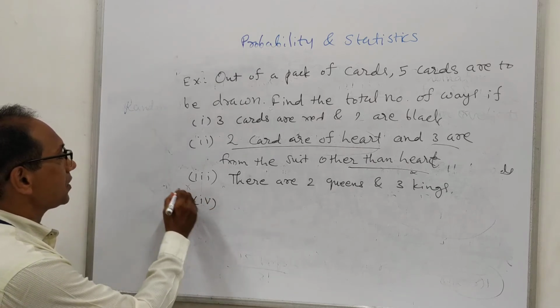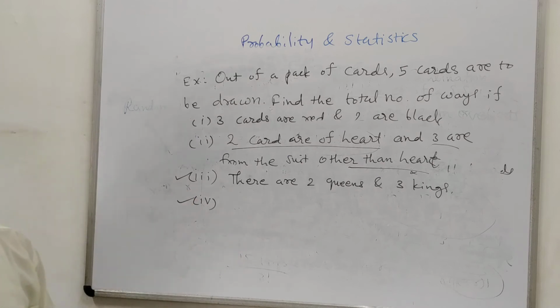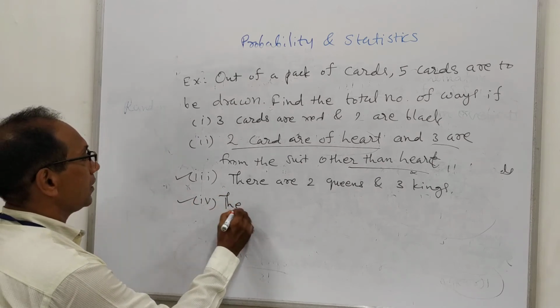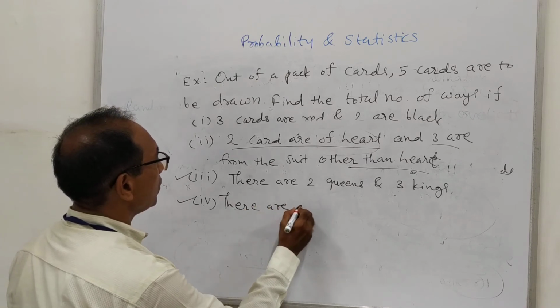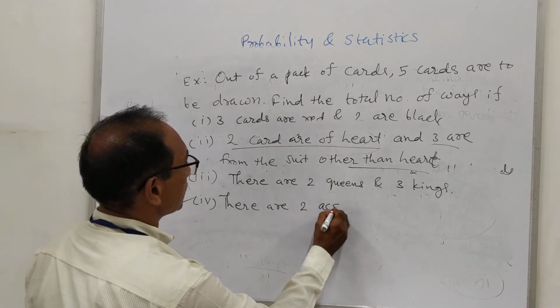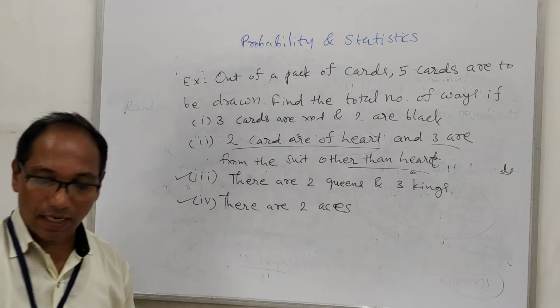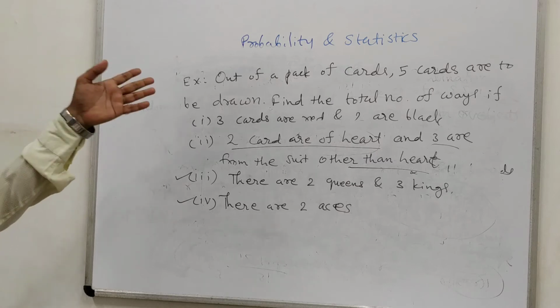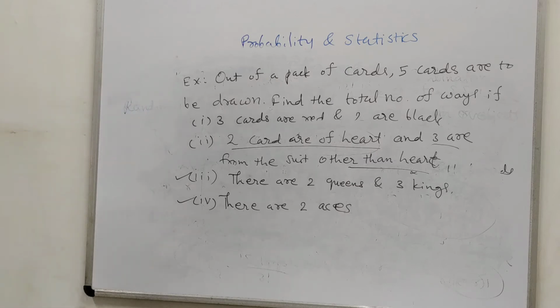Fourth part, these 2 are for your homework. There are 2 aces. Aces means in Gujarati ekko. There are 4 aces in the pack of cards. So here there are 2 aces only asked, but we want to find out 5 cards. That means 2 cards must be aces.